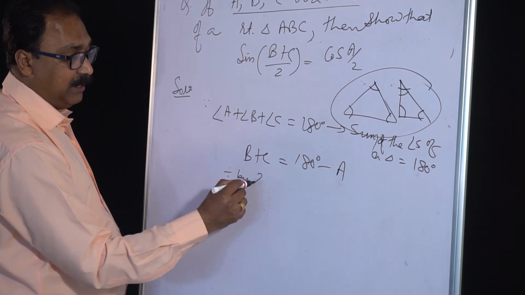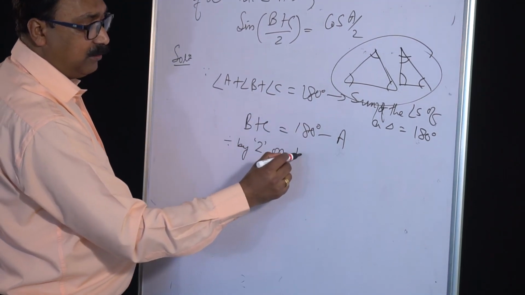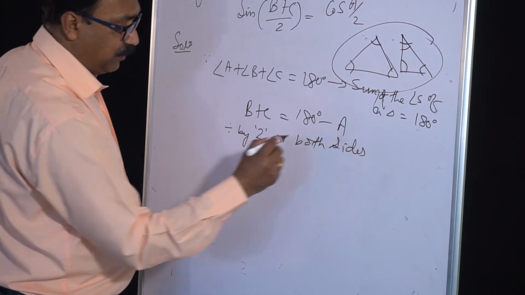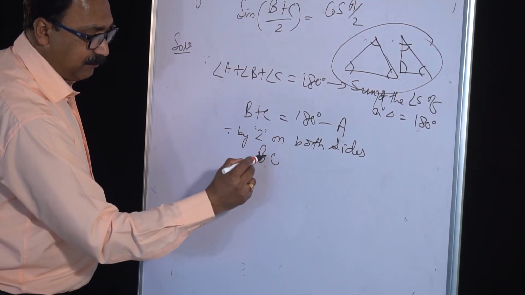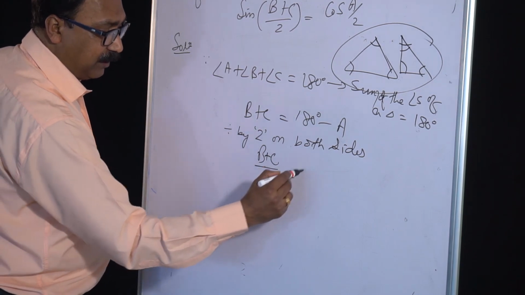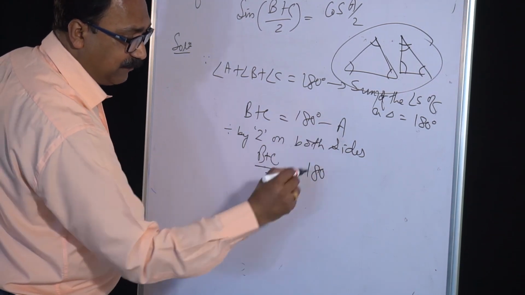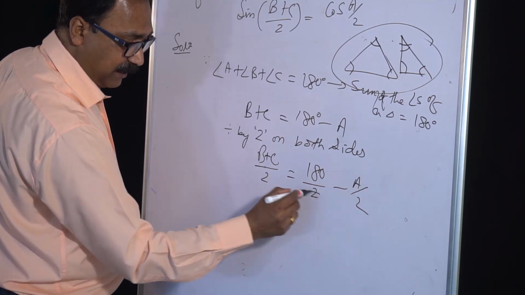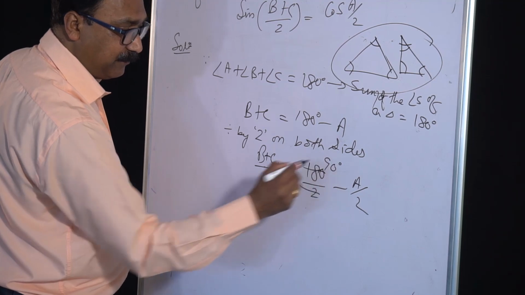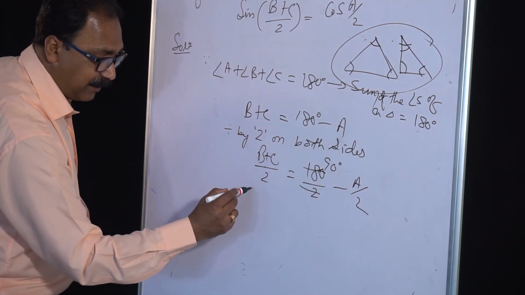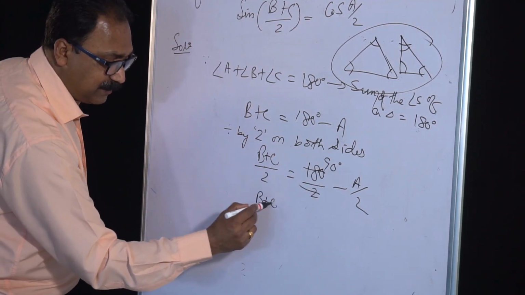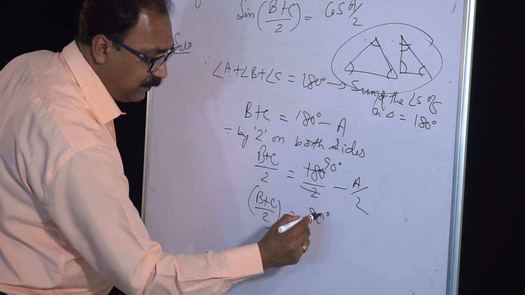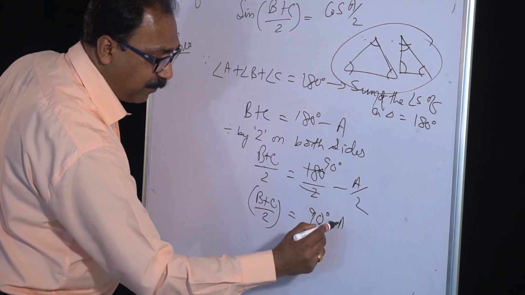Dividing part by part, it cancels and gives 90 degrees. So now we have B plus C by 2 is equal to 90 degrees minus A by 2.